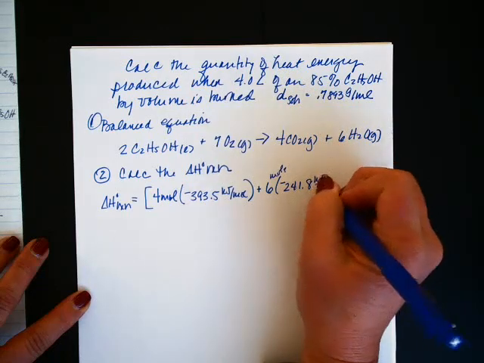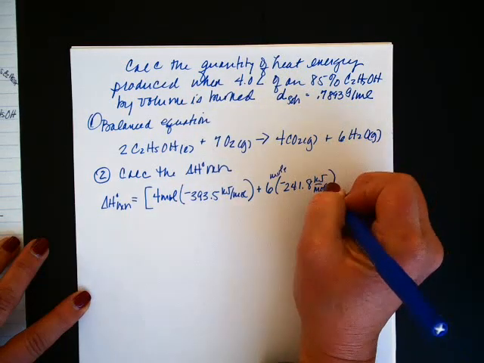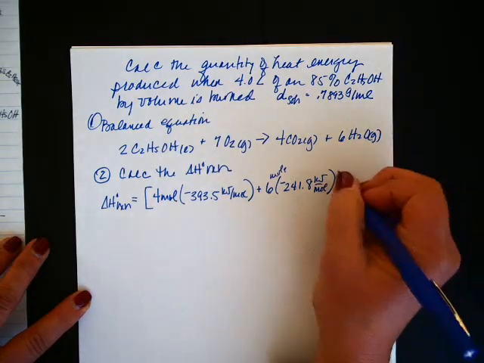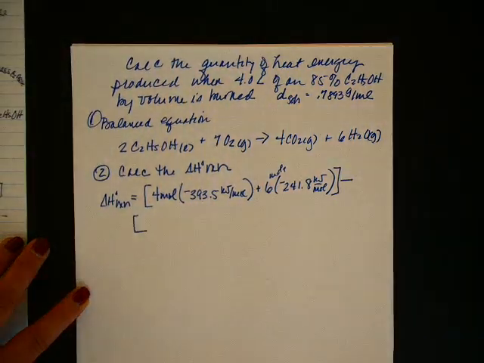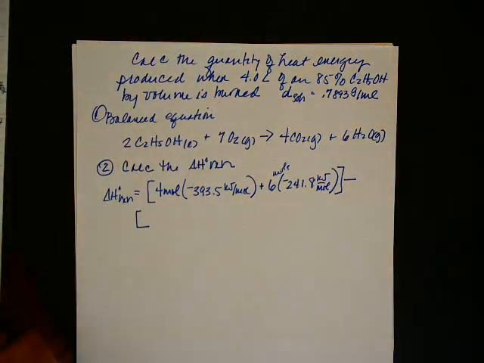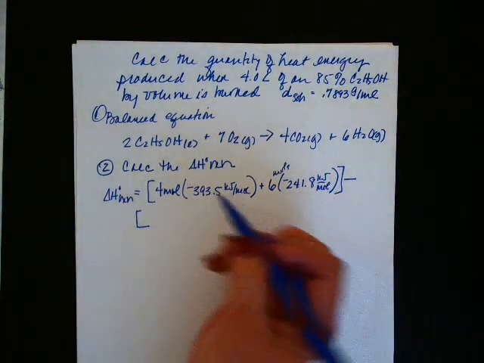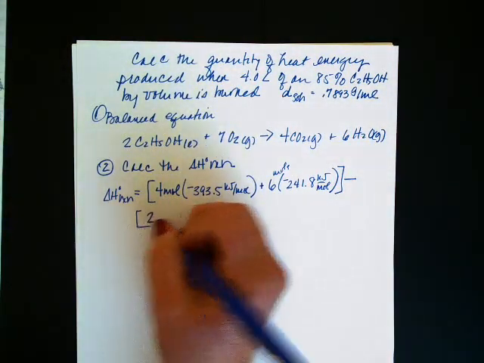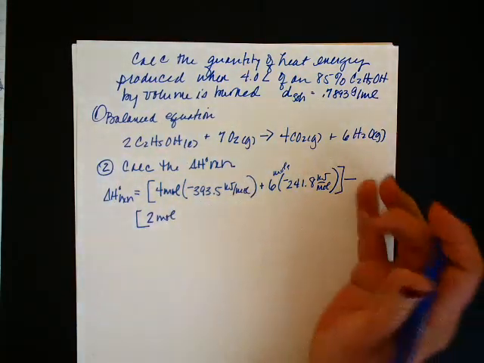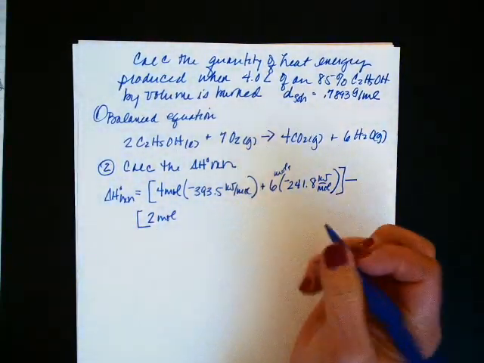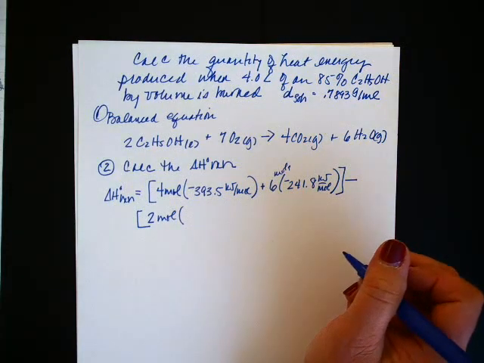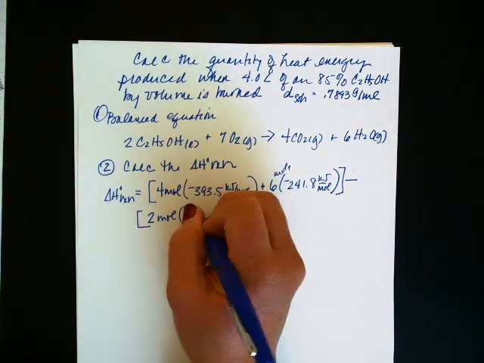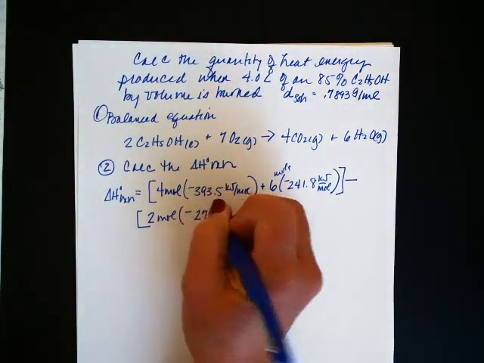And then we're going to do the same for the reactant side. I have 2 moles of ethanol, and we're going to subtract this sum of its products. Negative 277.7 kilojoules per mole for ethanol.